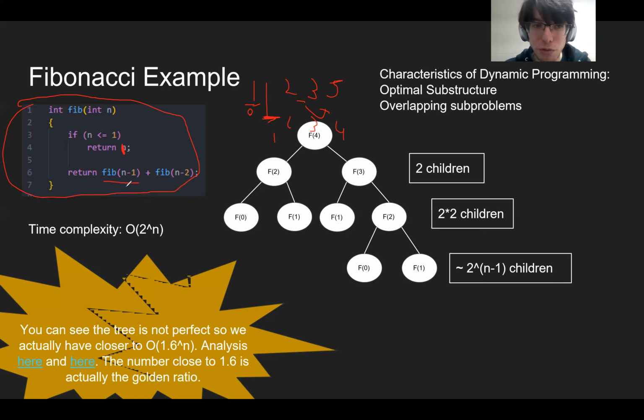So it's the 3rd plus the 2nd, and then we have to solve for the 3rd Fibonacci number recursively. So it's the 2nd plus the 1st. The 1st is a base case, so that one we're done with. But the 2nd is the 1st plus the 0th, and we're going to do the same thing with the 2.